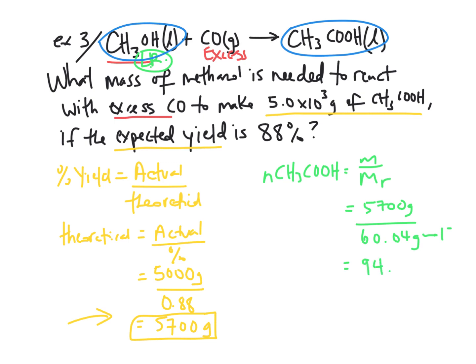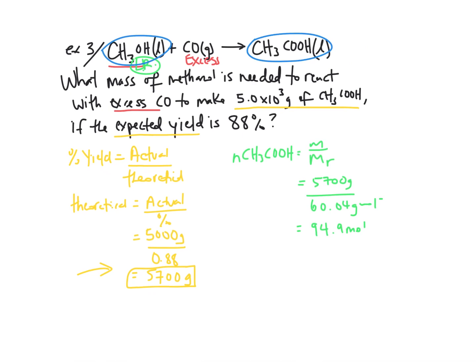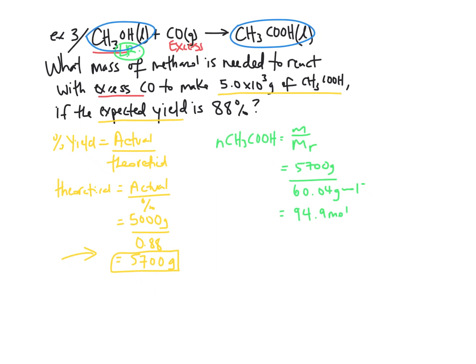Then that equals 94.9 moles, which is a lot, but this is industrial. We're chemical engineers trying to meet a quota here. Okay, so we have 94.9 moles is how much we would need to plan to produce.